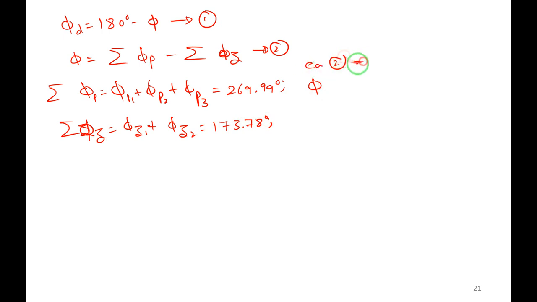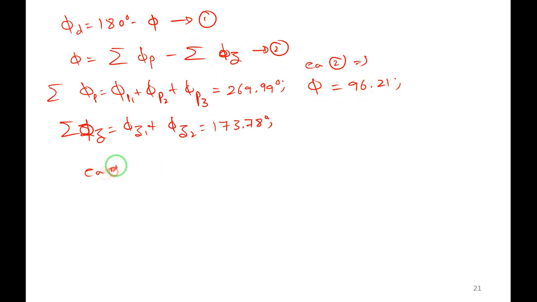So we will calculate phi from equation 2. Equation 2 implies phi is equal to summation of phi p minus summation of phi z: 269.99 minus 173.78. So I am getting 96.21. Substitute this value of phi in equation 1.